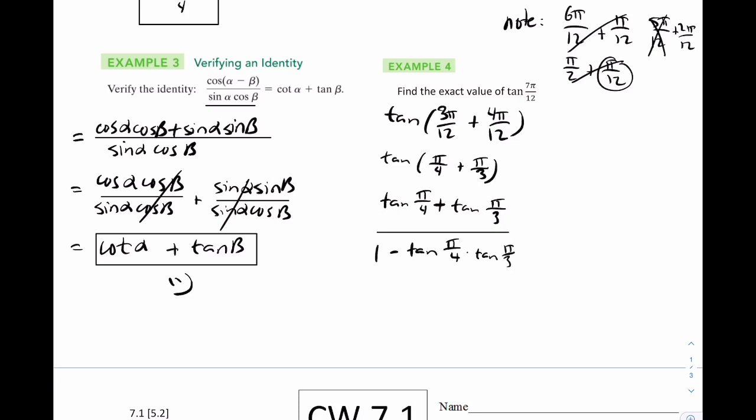Now this is why you have to be good at your unit circle values. This is going to become 1 plus root 3 over 1 minus, that's just 1 times root 3, so we'll just make that root 3. And actually, we're going to leave the answer like that. This is fine.